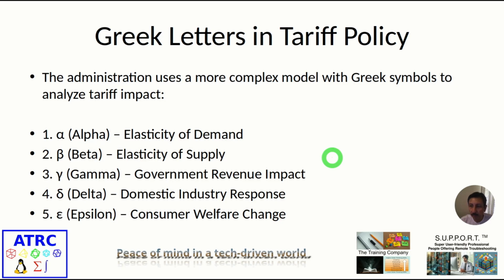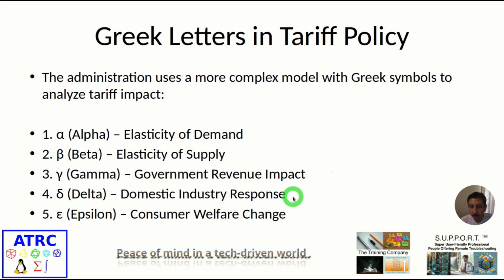The alpha, which is the elasticity of demand, represents how sensitive demand is to price changes. Beta, which is elasticity of supply, reflects the supply side elasticity. That means how sensitive the demand is to the supply. Gamma, government revenue impact, estimates the government revenue generated from the tariffs.